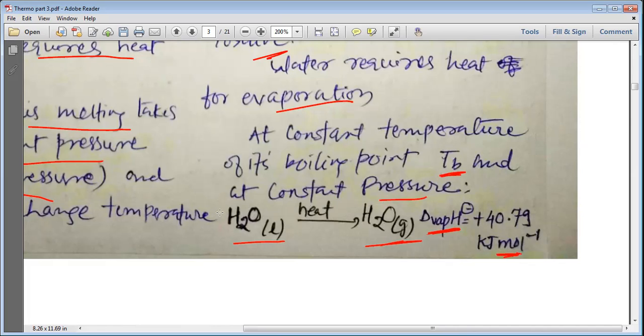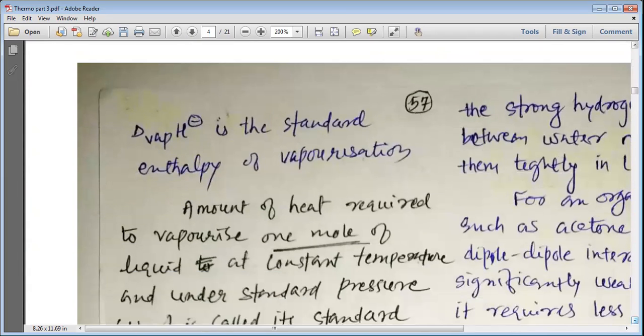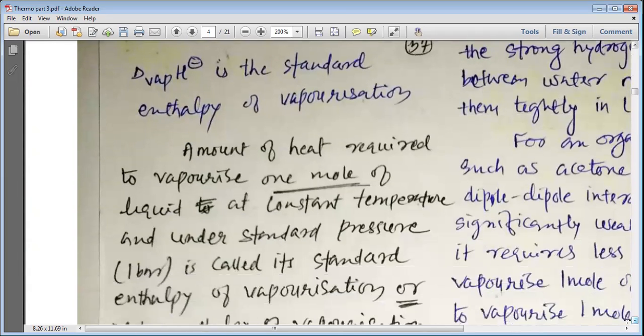For 1 mole of water, when it turns into 1 mole of steam, the total energy needed is 40.79 kilojoule per mole. So for the transformation of liquid water into water gas, we need 40.79 kilojoule per mole of energy.